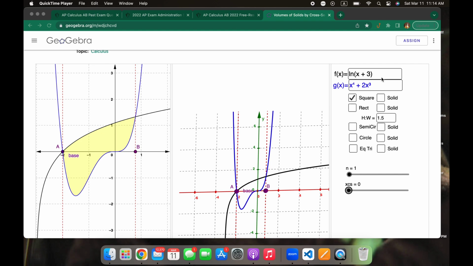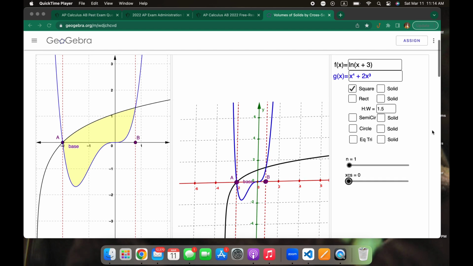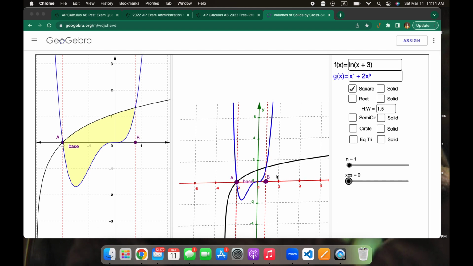My lower curve is x to the 4th plus 2x cubed. You can see that this software generated two visuals of this graph. I have selected square already because that's the type of solid that they want us to generate.